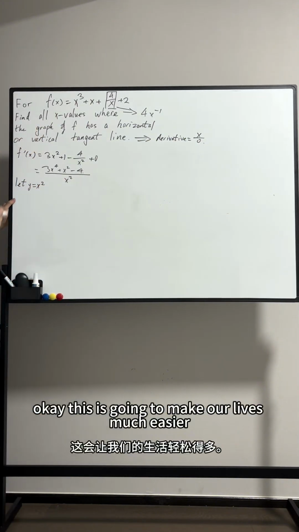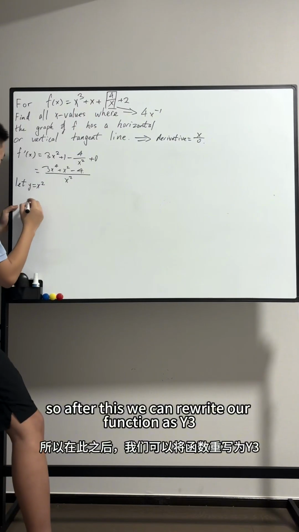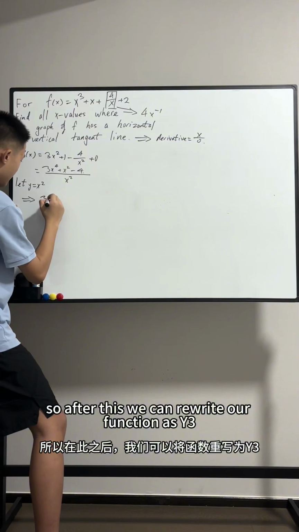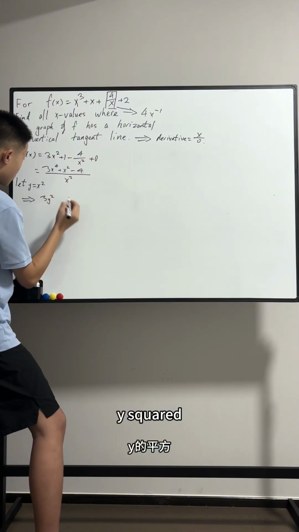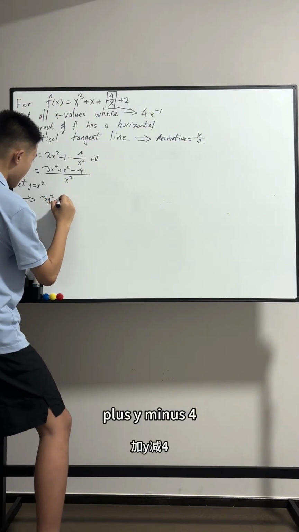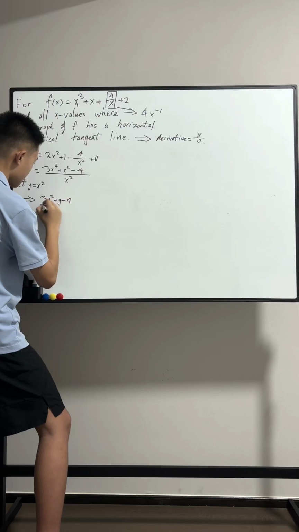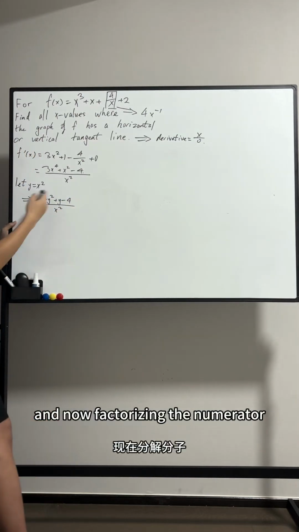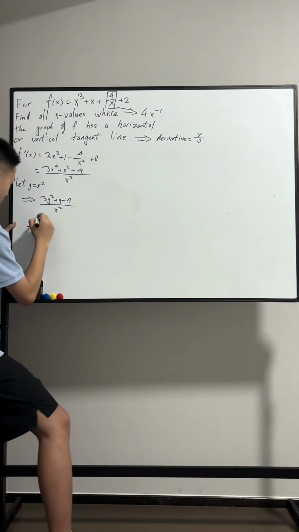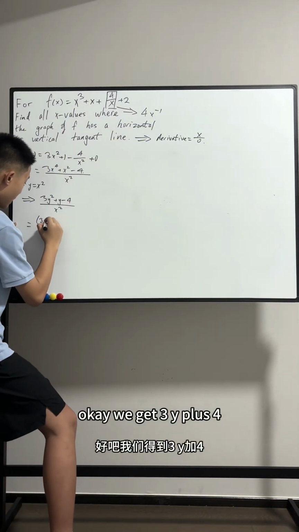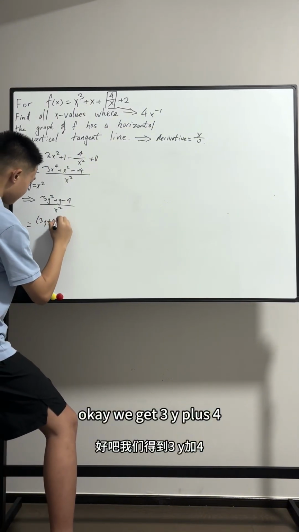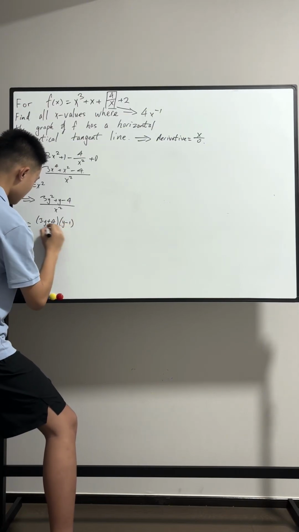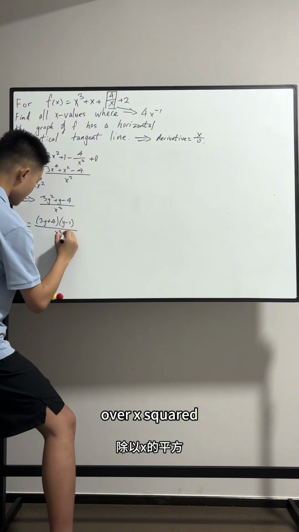This is going to make our lives much easier. So after this, we can rewrite our function as 3y squared plus y minus 4 over x squared. And now factorizing the numerator, we get 3y plus 4 times y minus 1 over x squared.